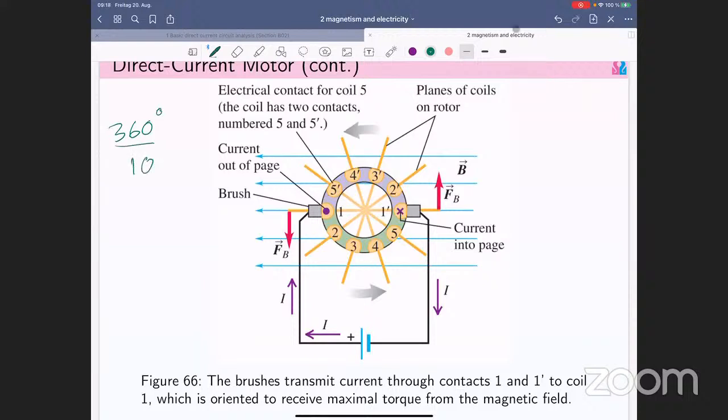So the angle between each one, for example between this one and this one, is 36 degrees, and if you count 10 sectors, you get 360.